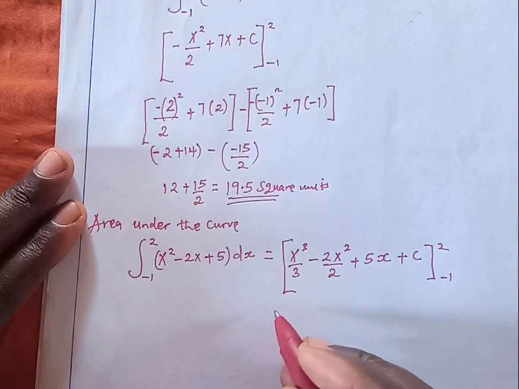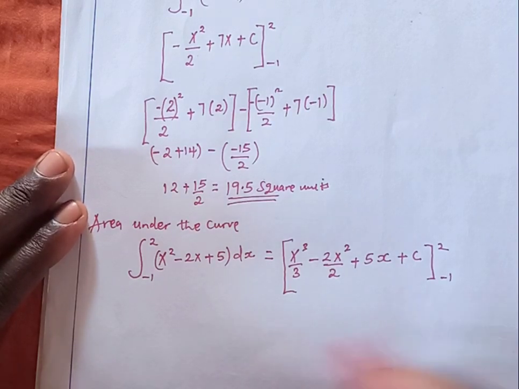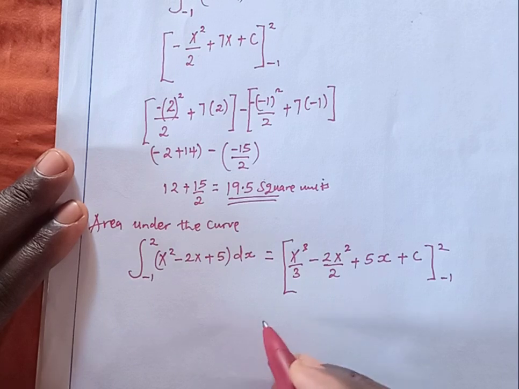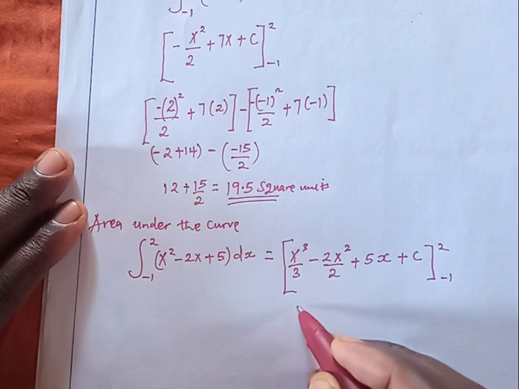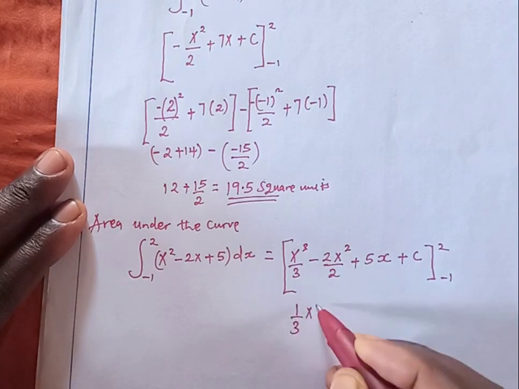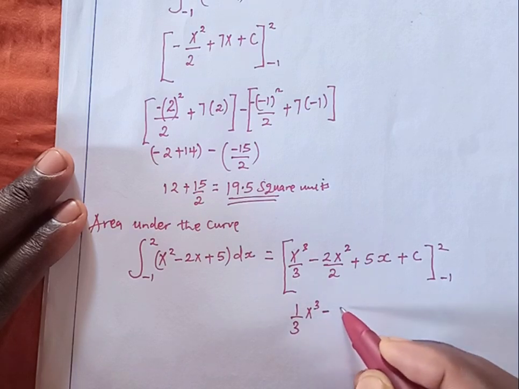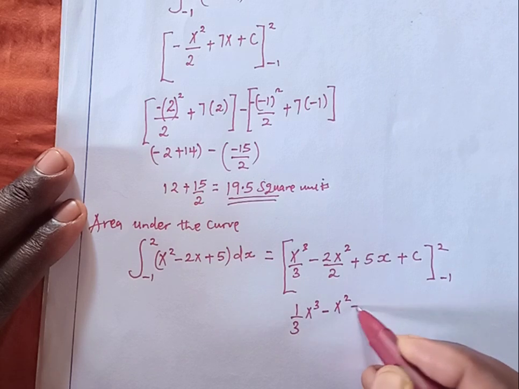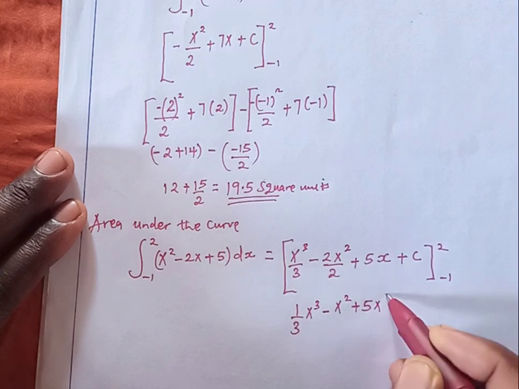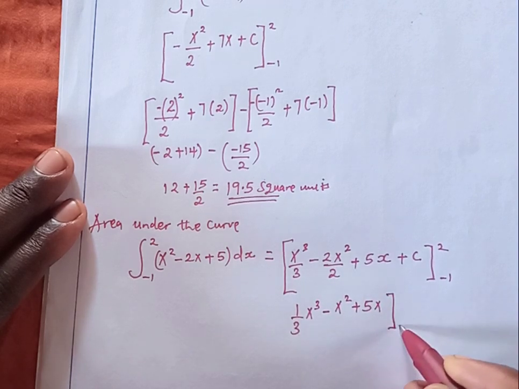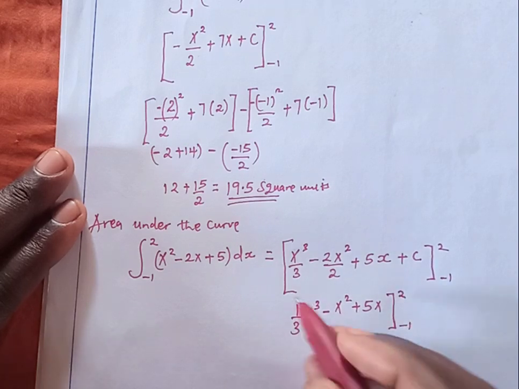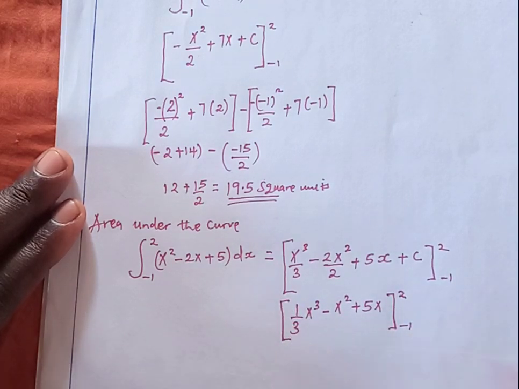This is the same as a third x cubed minus x squared plus 5x. There is no need of writing c because the c's are going to cancel.